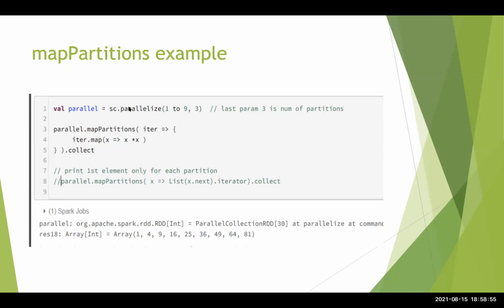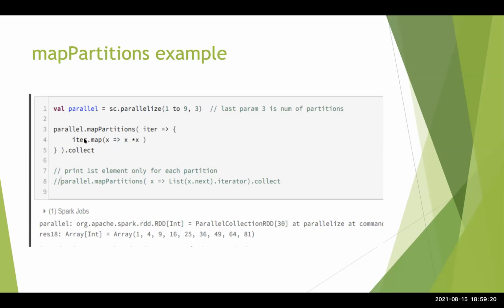Then I'm applying map partition. Now imagine there are 3 partitions. This function runs in parallel on each of these nodes at the same time. On the first node, the iterator will contain 1, 2, 3. On the second node, it will contain 4, 5, 6. On the third node, it will contain 7, 8, 9.